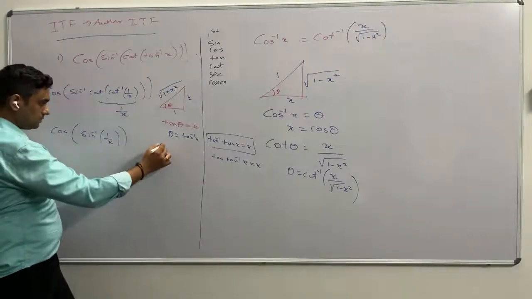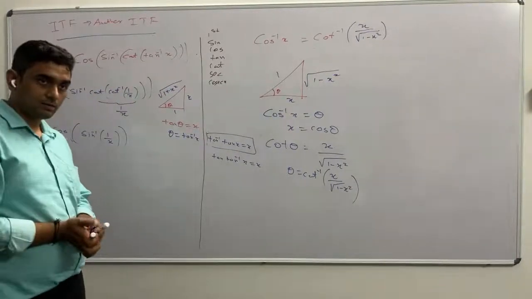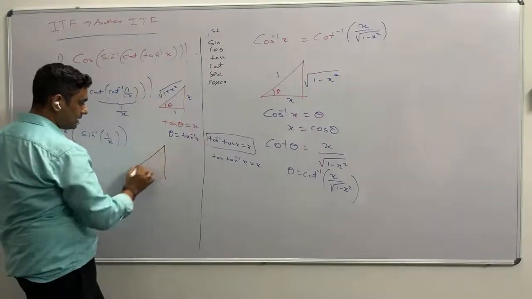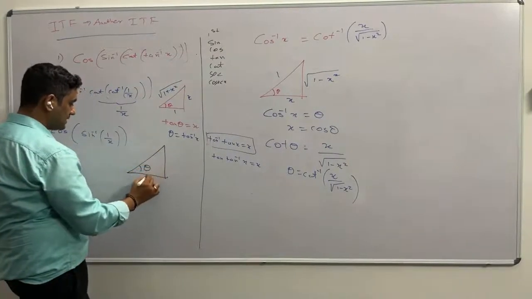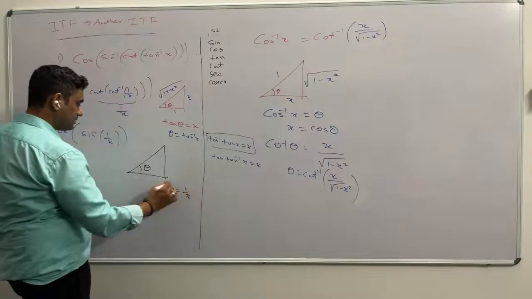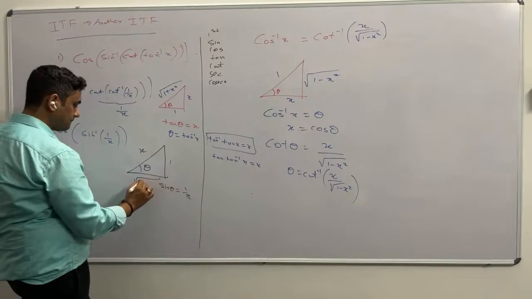Now we'll draw another triangle. This triangle is our new triangle, not the old triangle, because now the functions have changed. For the new triangle, this angle is theta. So we have sine theta as 1 by x. So this will be 1, this will be x, and this has to be root over x square minus 1.